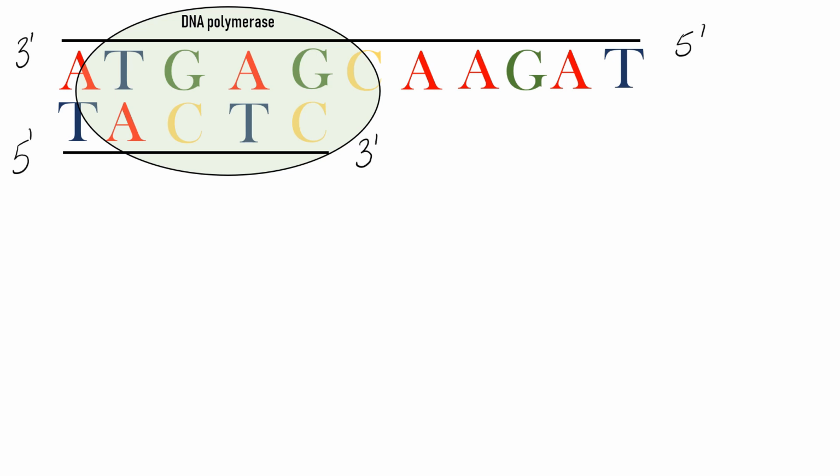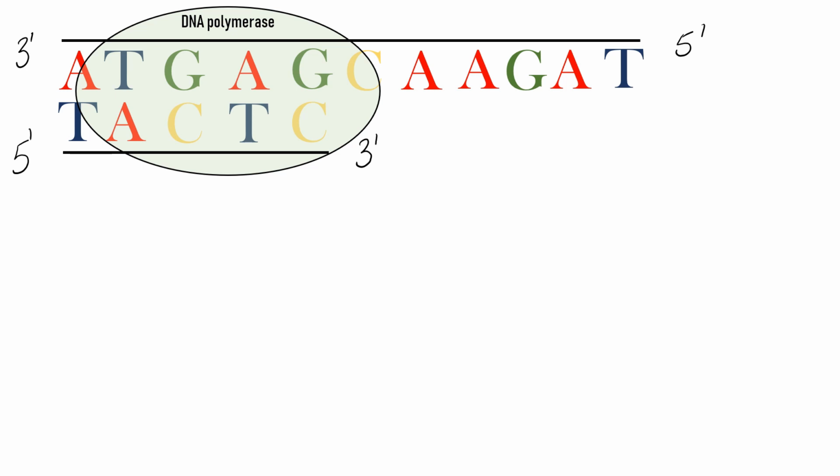Normally this addition is uninterrupted as all the 4 nucleotides, that is A, T, G and C, are always available for the DNA polymerase. However, in pyrosequencing, we provide each of the 4 nucleotides one by one to the DNA polymerase and see which nucleotide is being accepted and which one is not being accepted.